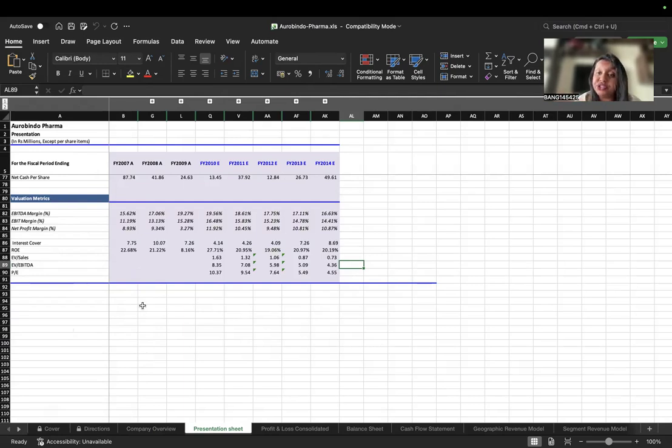Why this tight compression? This is a realistic assumption. As a company grows, especially into competitive international markets, it can face pricing pressures, leading to a slight margin contraction, even on much higher absolute profit. So this is a sign of a sophisticated, not overly optimistic model.